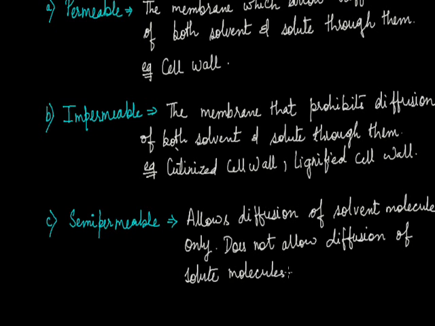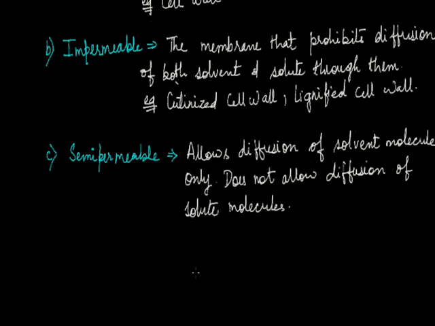Now an example: the membrane surrounding the kidney is a semi-permeable membrane. Semi means it is allowing the diffusion of solvent only. So the example is kidney.